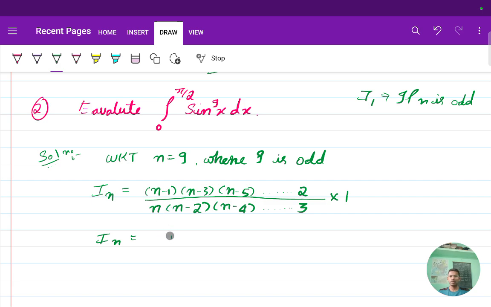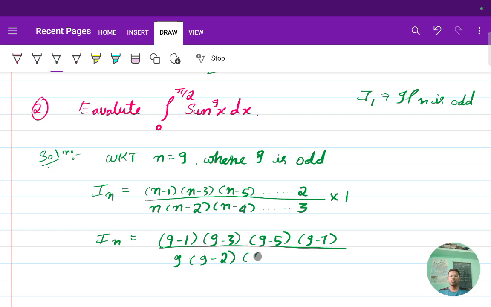Then let us substitute the value of n in this formula: 9 minus 1, 9 minus 3, 9 minus 5 and 9 minus 7, divided by 9 into 9 minus 2, 9 minus 4, 9 minus 6, into 1.